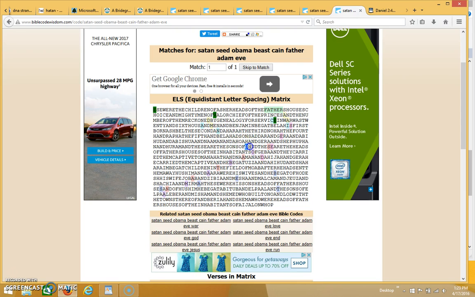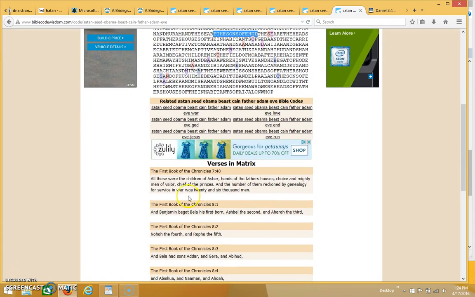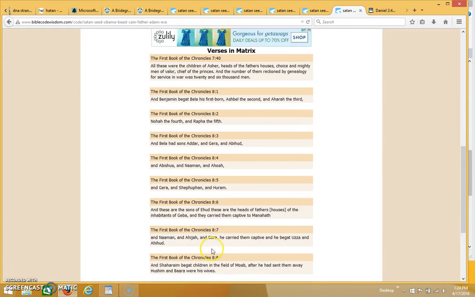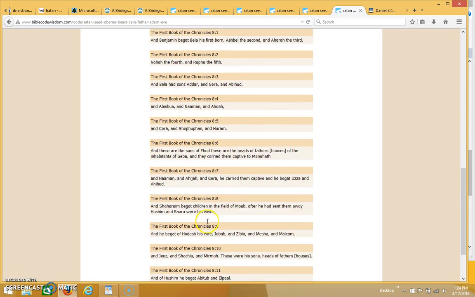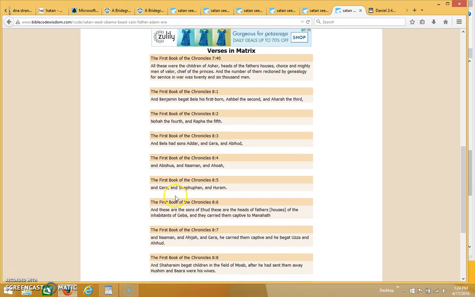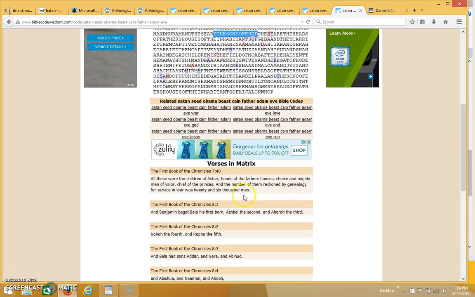Over here where you see this word, it talks about the sons of Ehud. I had noticed that because this whole matrix, if you look at the scriptures, it's all about genealogy. So I thought the genealogy, where all of this stems from, must be important.